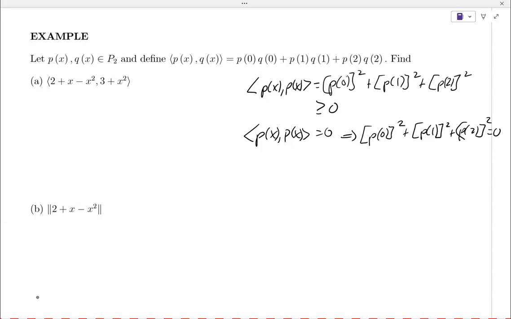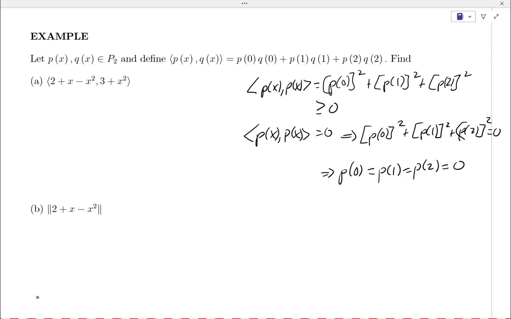Well, the only way that a sum of these squares can be 0 is if each individual term has to be 0, right? So this would tell us that I put in 0 for the polynomial, I get 0. I put in 1 for the polynomial, I get 0. I put in 2 for the polynomial, I get 0. Right? The only way I can get that sum of squares to be 0 is if each individual piece is 0.